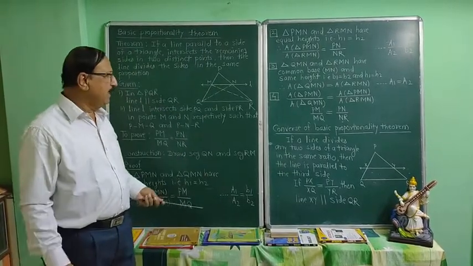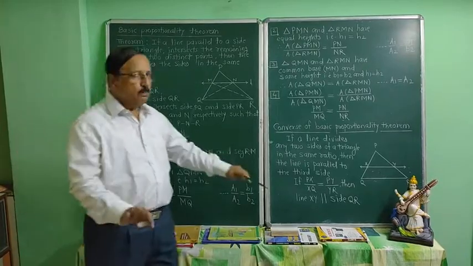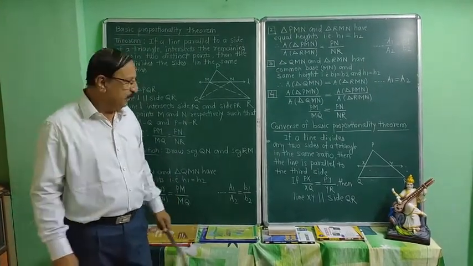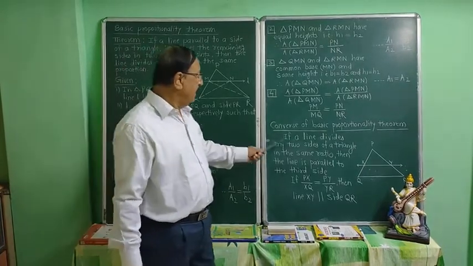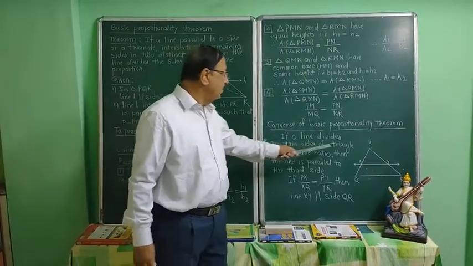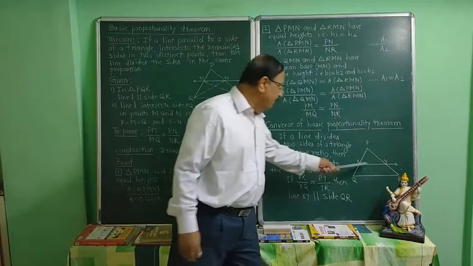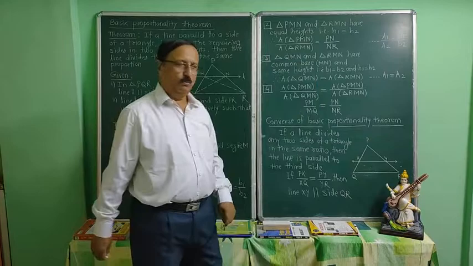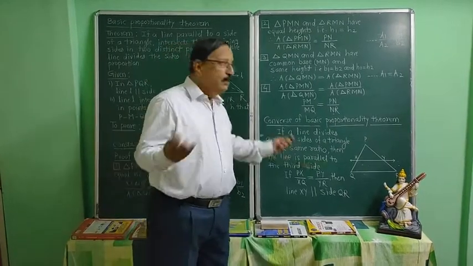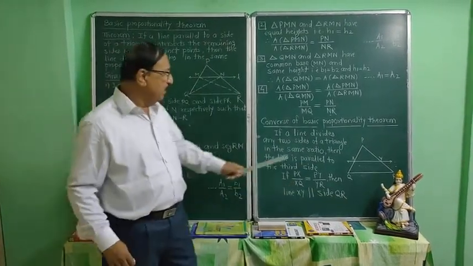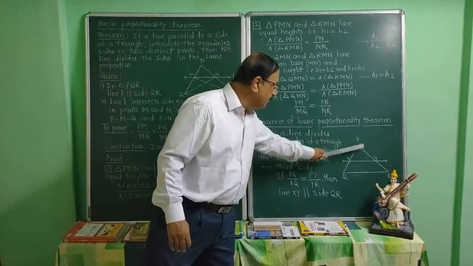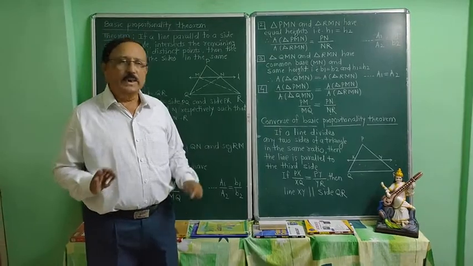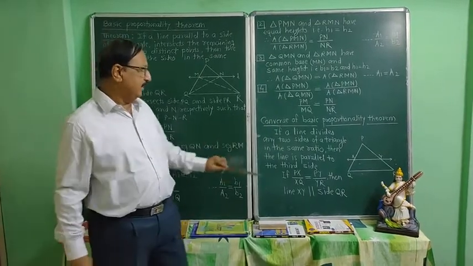Now, we will see the converse of basic proportionality theorem. Converse of BPT. What is that? If a line divides any two sides of a triangle in the same ratio, means PX upon XQ is equal to PY upon YR, then the line is parallel to the third side.